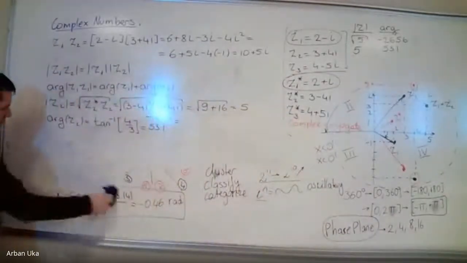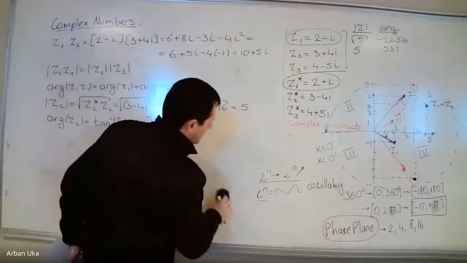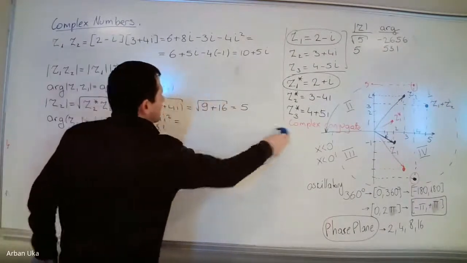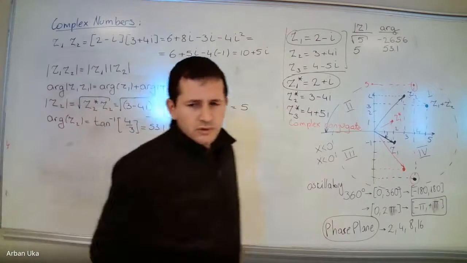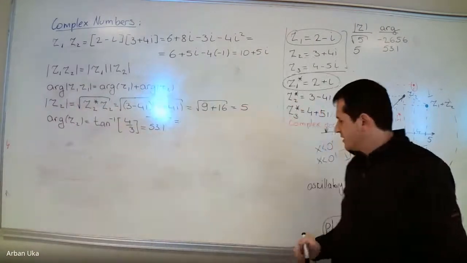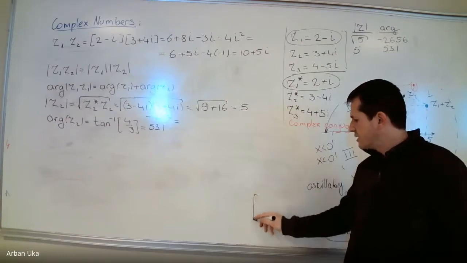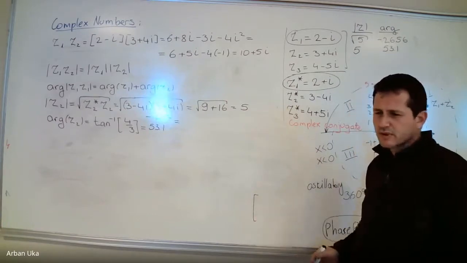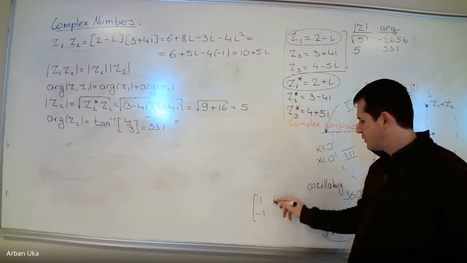So let's erase this part. And meanwhile, I want you to go over your notes and try to find an example we did a few weeks ago where we had a matrix, which I don't remember exactly, 1, minus 1, 1, 0.